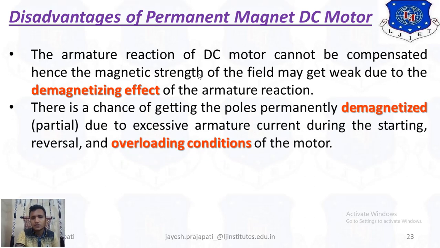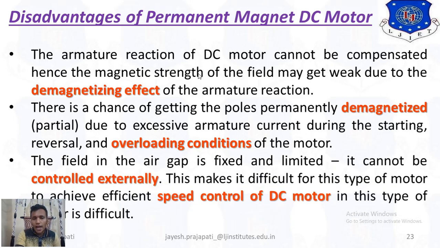Then there is a chance of the pole getting permanently demagnetized due to excessive armature current during starting, reversal and overloading conditions of the motor. So that is another disadvantage. If there is an overloading condition or starting and reversal, that means the initial condition, then some demagnetization is also created.